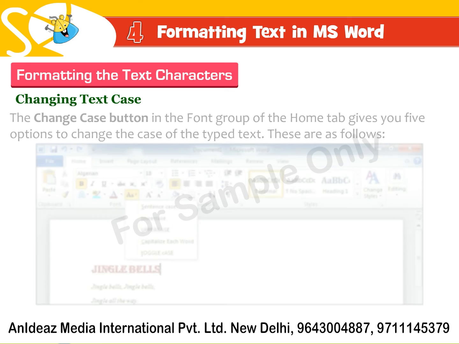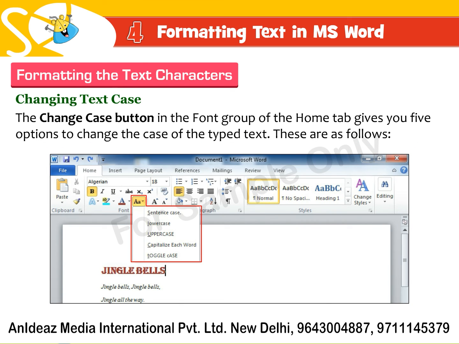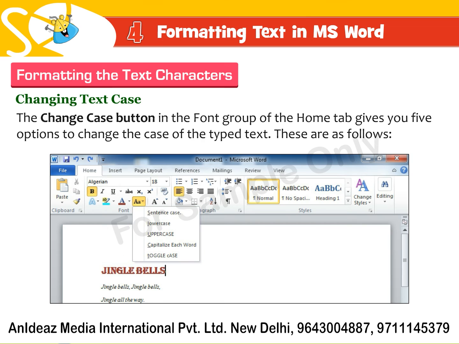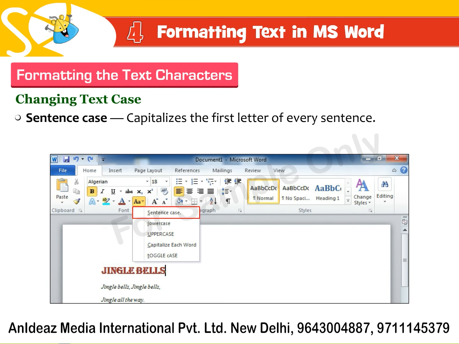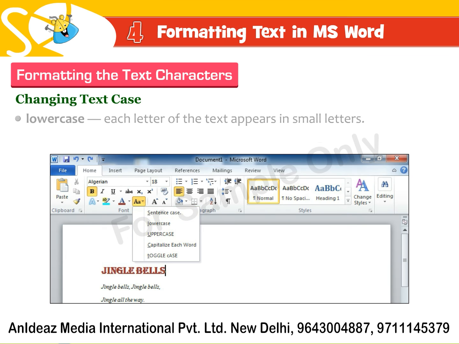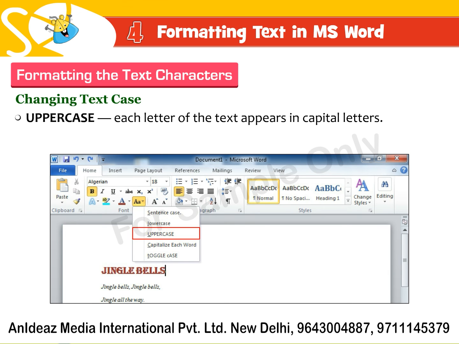Changing text case. The Change Case button in the Font Group of the Home tab gives you 5 options to change the case of the typed text. These are as follows. Sentence case capitalizes the first letter of every sentence. Lowercase: each letter of the text appears in small letters.